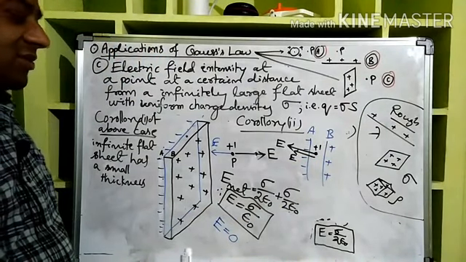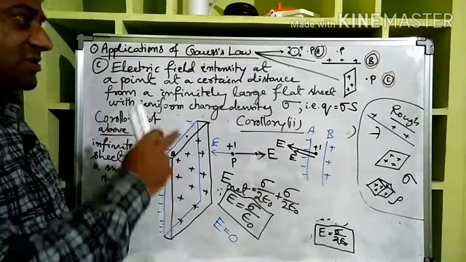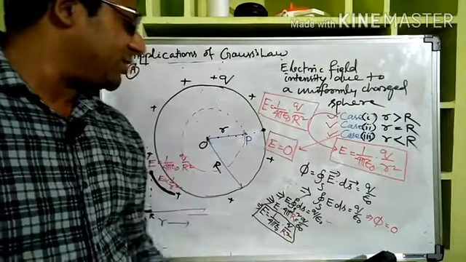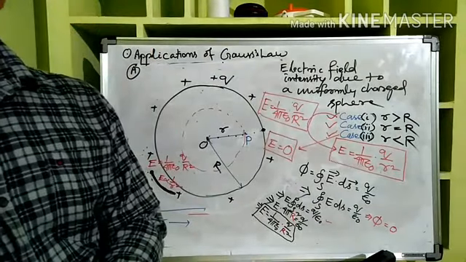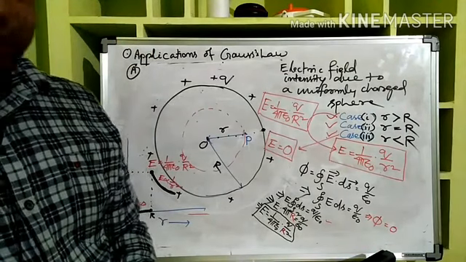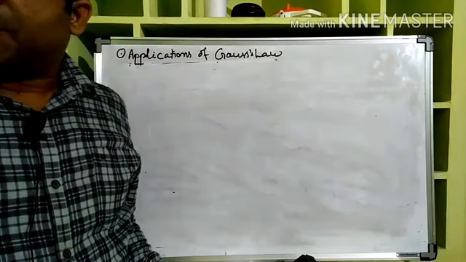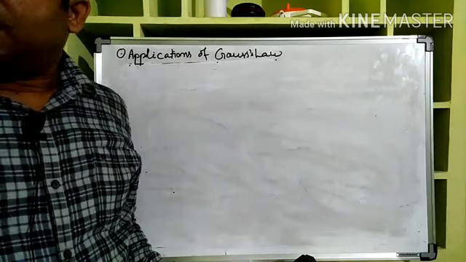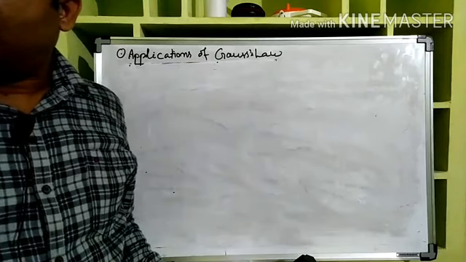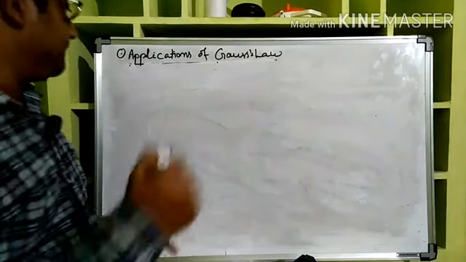So all the concepts are clear till now. Hope you have noted the questions already. The first question says, a metallic spherical shell has an inner radius R1 and outer radius R2.